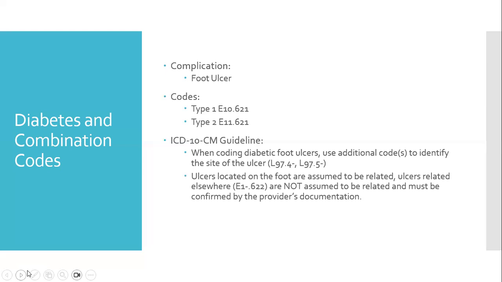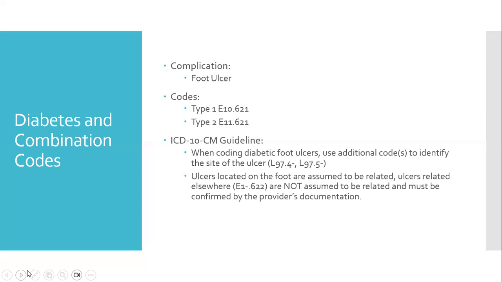So you already know that you're going to have a second code when it is documented appropriately for you to code to the high specificity. You need to know that it's diabetes with a foot ulcer, and you need to know where that foot ulcer is. Ulcers located on the foot are assumed to be related, but when the ulcer is in another area of the body, it is not assumed.